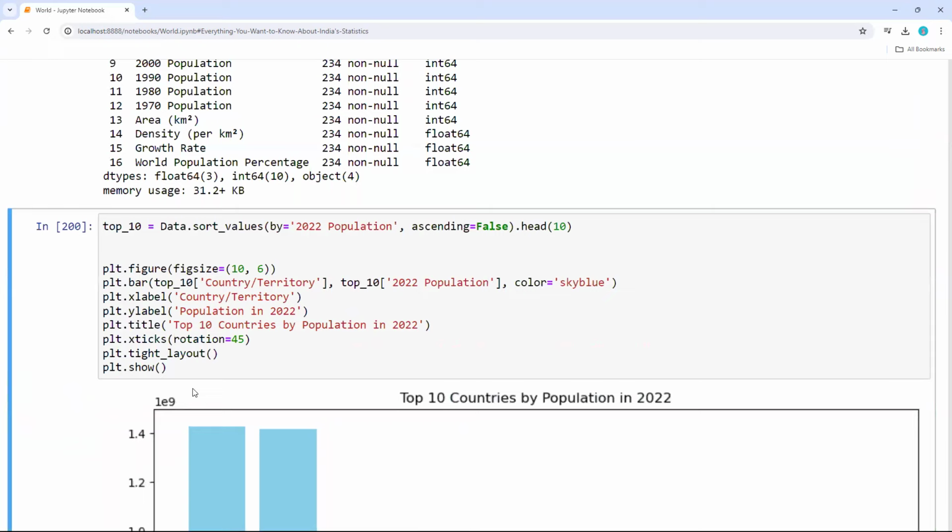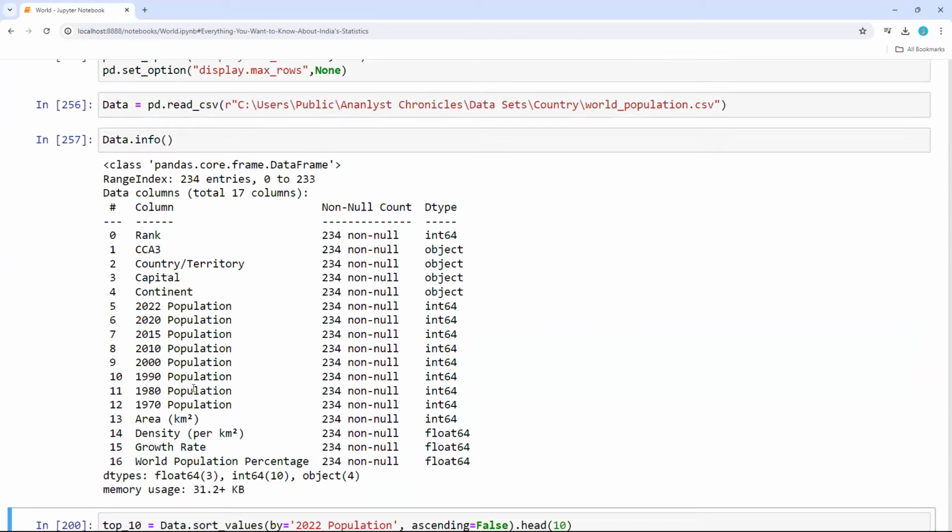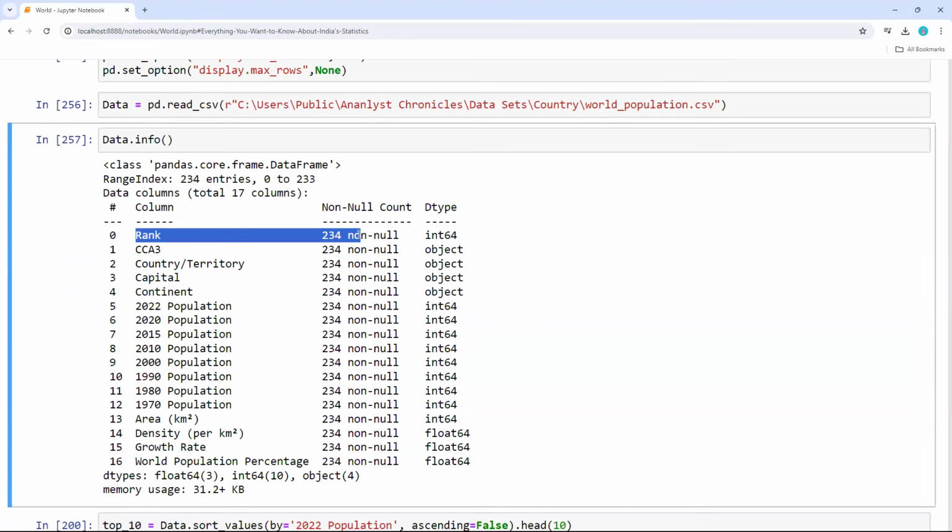If I look at my data set, it has the rank. Rank means population-wise: the country with rank one is the most populated country in the world, and rank two is the second most populated country in the world, something like that. These are my columns: country, territory, and 2022 population.